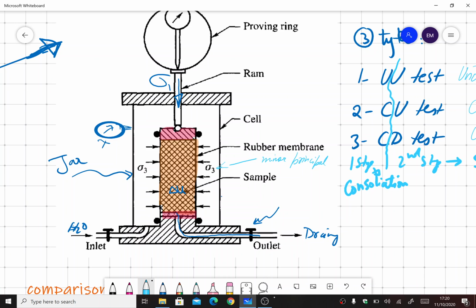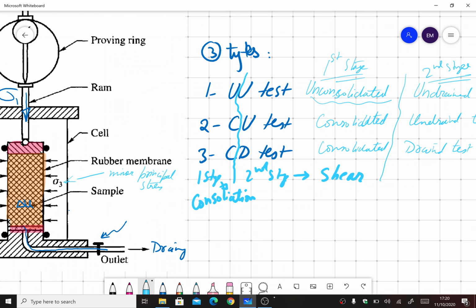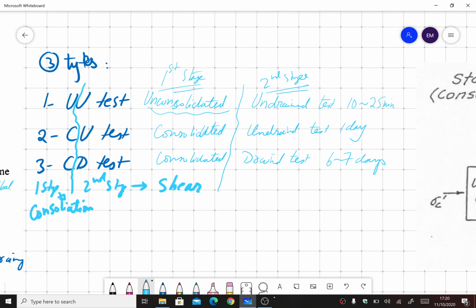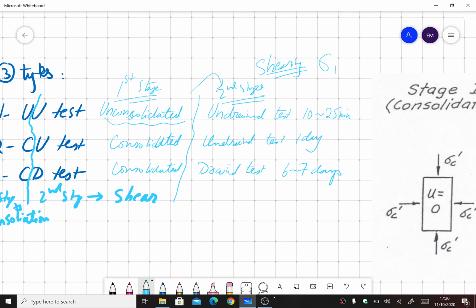Okay, so then we apply minor principal stress, and then we come to the first stage of the test. If it says unconsolidated, that means we don't have to give any time, and we start with the second stage, that is the shearing of the soil specimen. So shearing of the soil specimen means that we will start applying sigma 1 or the major principal stress.